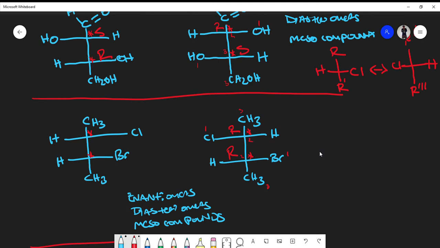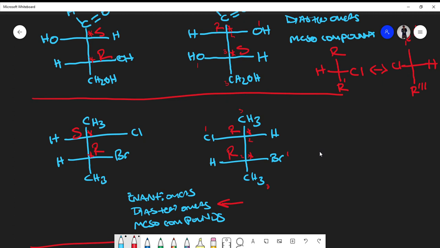Now, do the configurations for this real quick, based on the practice that we've had thus far. As you can see from here, we haven't changed any of the atoms' positions, so this is actually still R. However, when you do this on your own, this is actually S. And so these are diastereomers. Why?